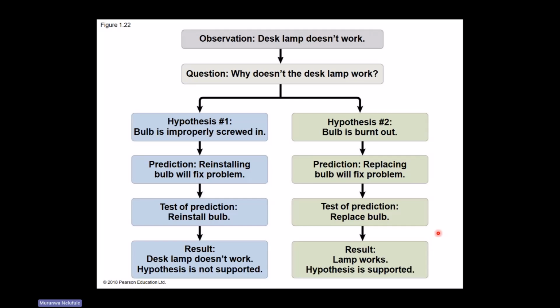And the results: the desk lamp doesn't work even after we properly screw in the bulb. For the other one, because it was burnt out, we replaced the bulb, and the lamp is now working. So the hypothesis is supported.